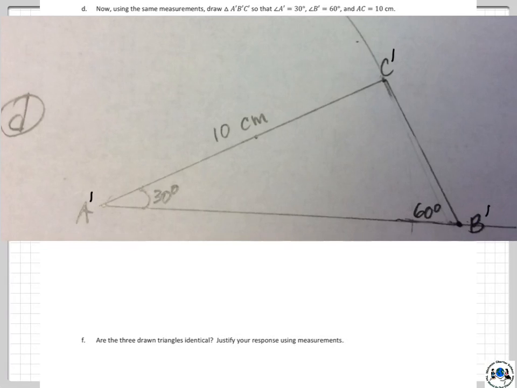B as 60, which is still the same as before. These are angles, okay. But now we had changed something.